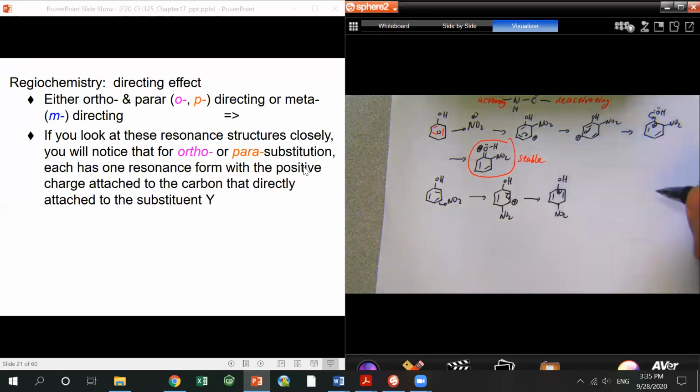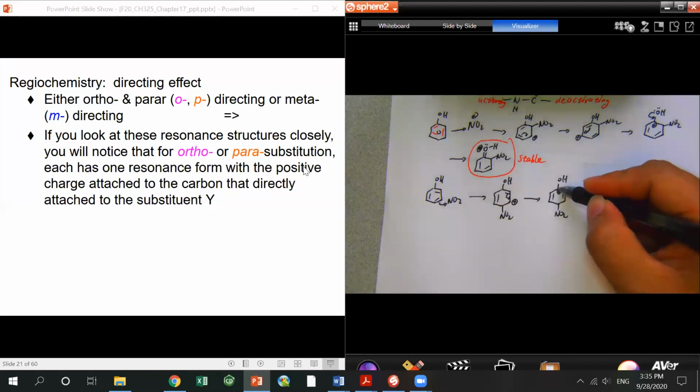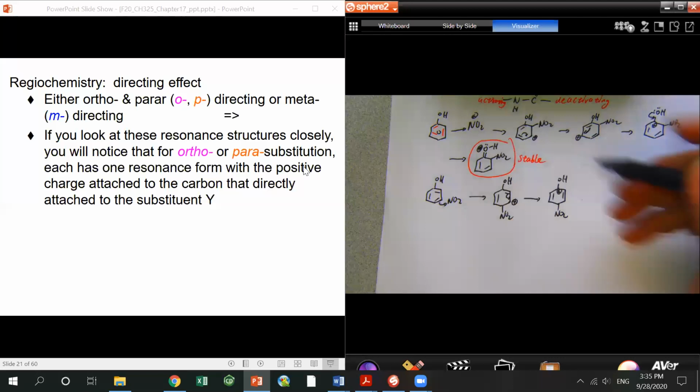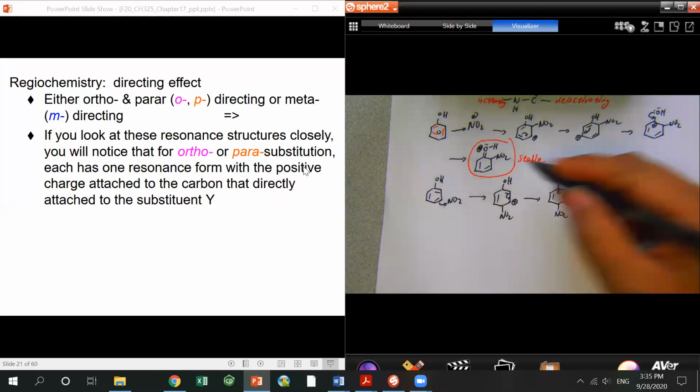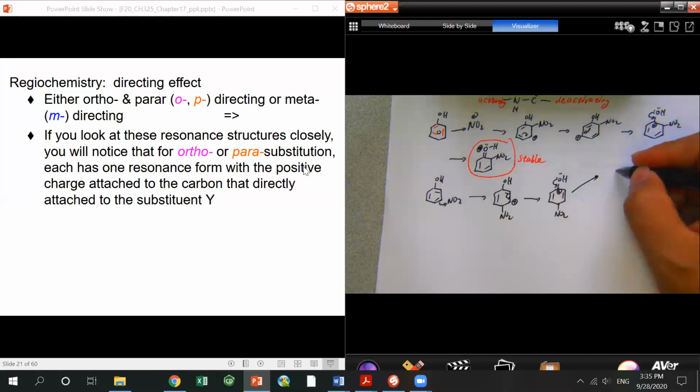So you can see we have the positive charge on the carbon with the oxygen attached. So in this case, it is similar to the top situation. We can draw one resonance structure, something like this.